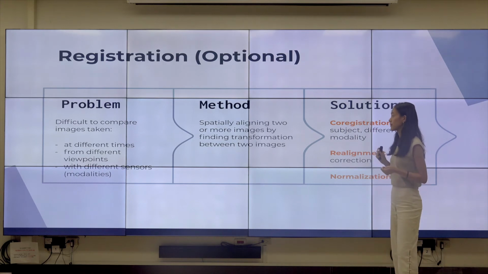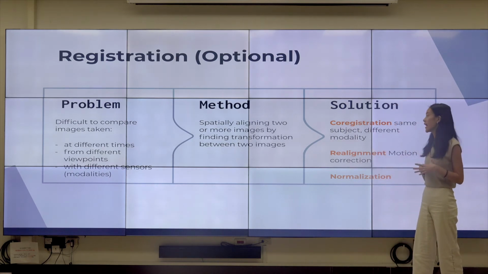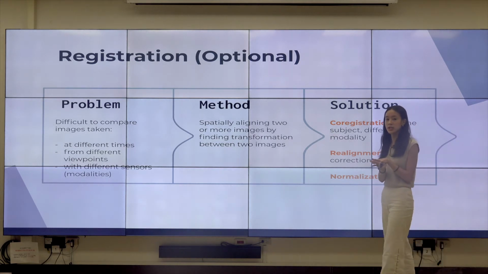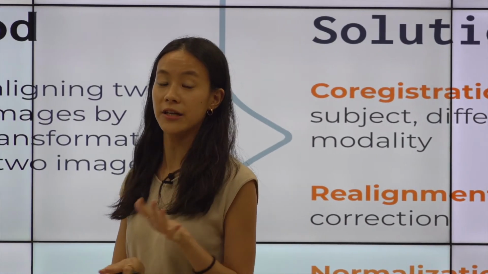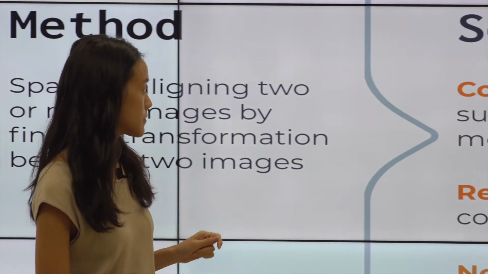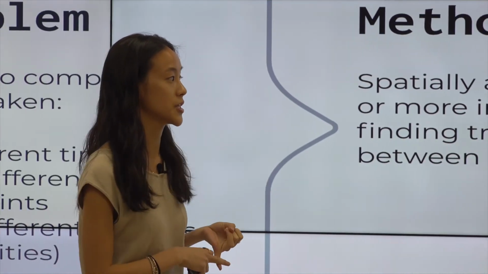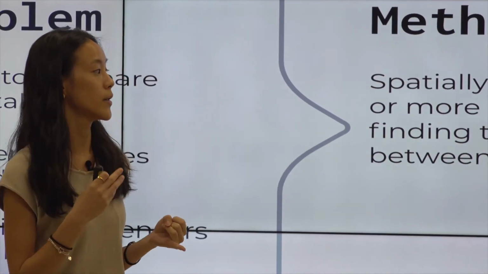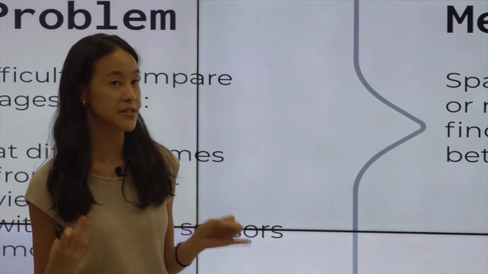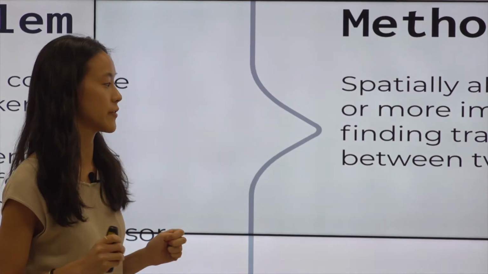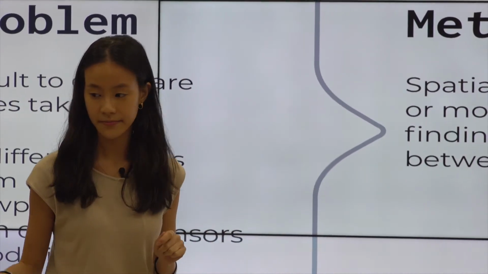And so the method is basically spatially aligning two or more images by finding a transformation between these images so that they become overlapping and easier for us to identify the differences between these images. The solution to registration is usually either co-registration, which is basically used when there is the same subject or different modalities, or realignment, which is basically for motion correction or normalization.